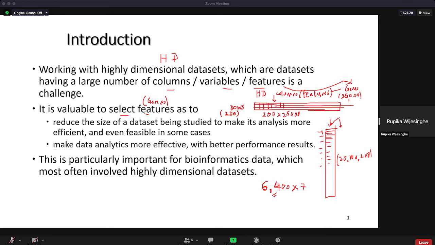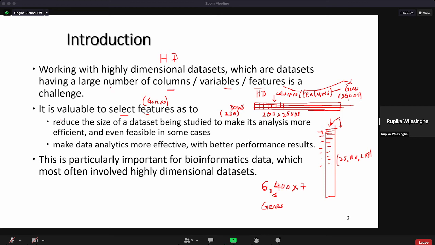So here also, I am referring to the same concept, features. Here our features are not like width, height, or color. Our features are genes, right? Okay. So hope you are okay, right?